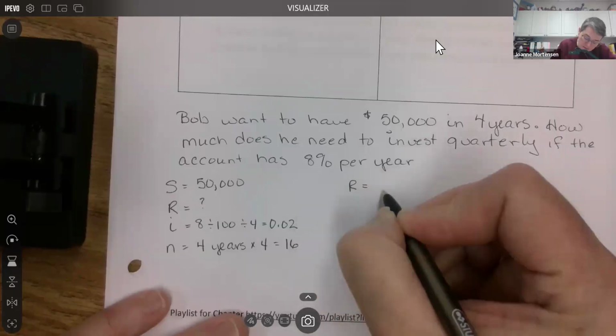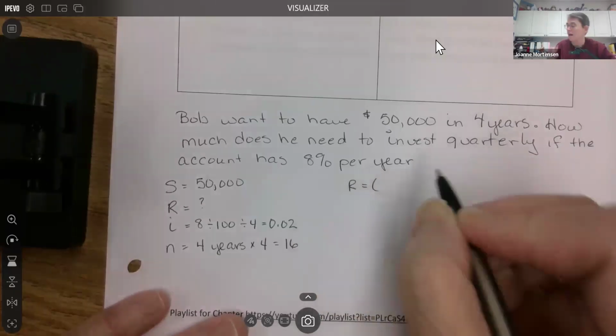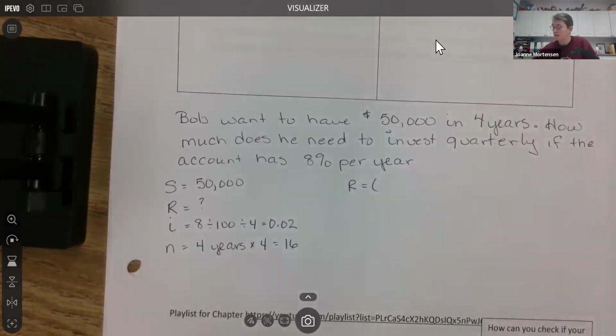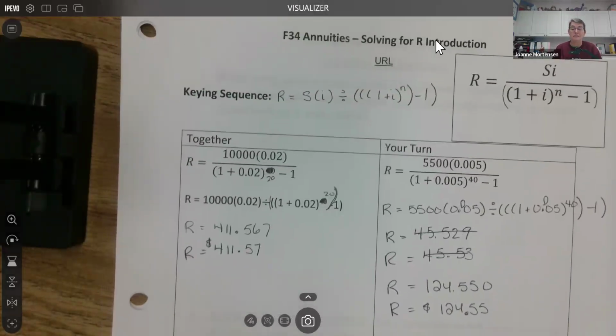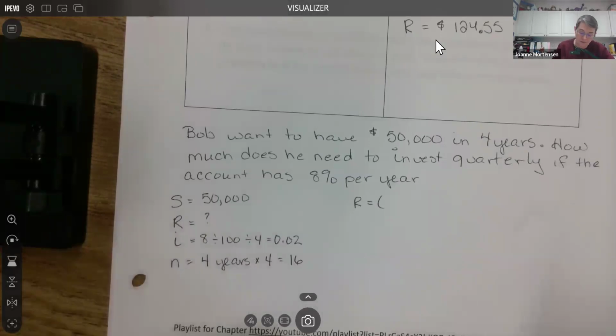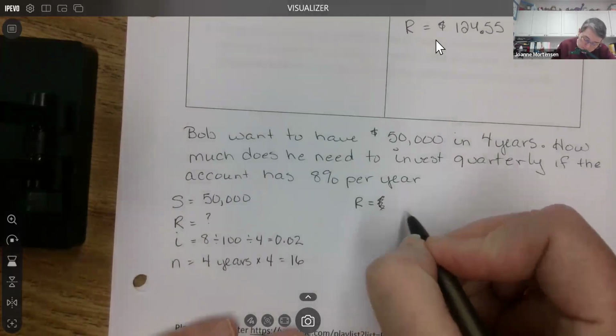R is equal to, why am I making life difficult? Let me look back. Hey, at the top of the page, there's my keying sequence. So I don't need a bracket there.